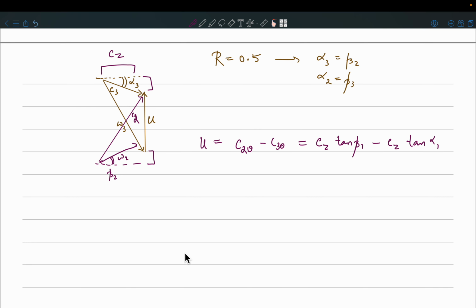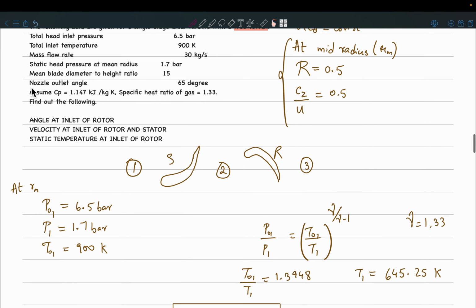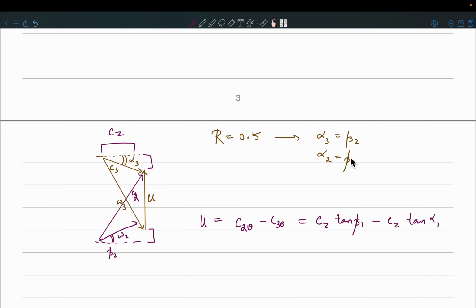Alright, now if we go back to the question, we are given this nozzle outlet angle. Nozzle is stator, so the outlet angle with respect to the stator is going to be the absolute angle, that is alpha 2. So what I am given is alpha 2, and I am also given beta 3, which is 65 degrees. Using this, we can rearrange. This is U by Cz, but we know Cz by U is 0.5, so this is nothing but 2.